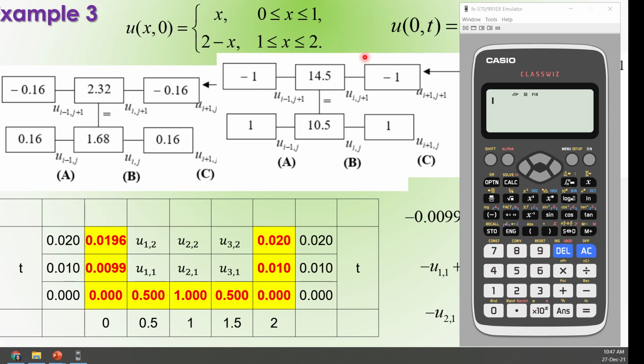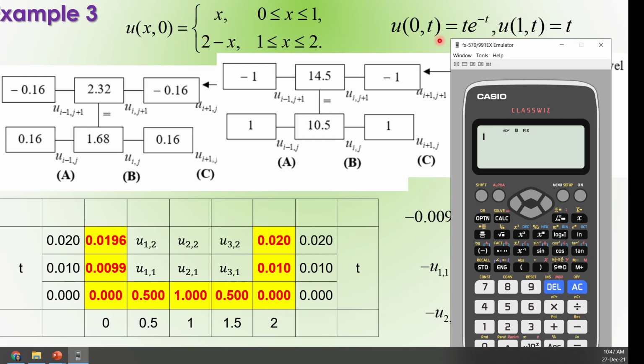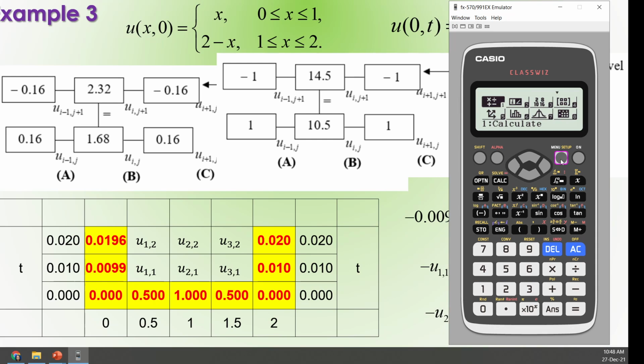Okay, so first of all, we put out the boundary condition u(0,t), meaning x equals 0. The function is t e^(-t). Easy, we use the table menu.